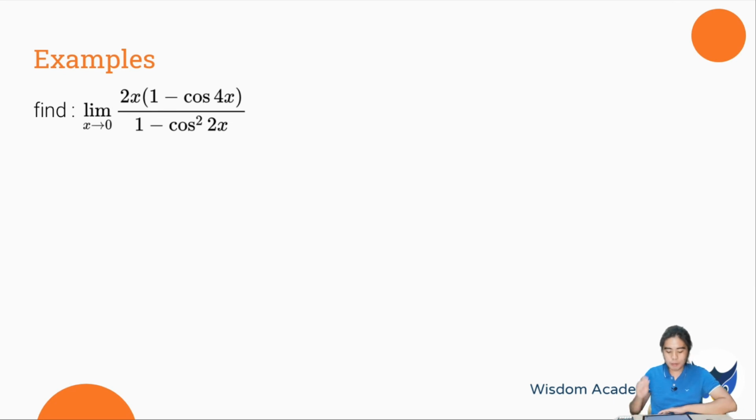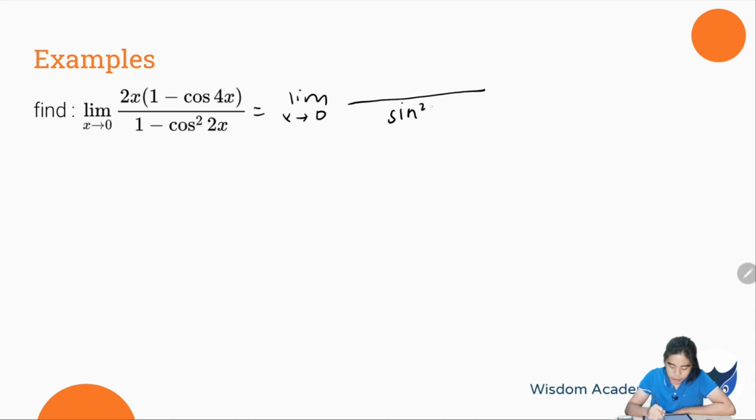So, for our next example, 2x times 1 minus cosine 4x all over 1 minus cosine squared 2x. Hanapin natin yung limit nito as x approaches 0. Kung maalala natin yung trigonometric identities, 1 minus cosine squared 2x, pwede natin siya equate to sine squared 2x. Then, the numerator will still be 2x times 1 minus cosine 4x. Ayan.